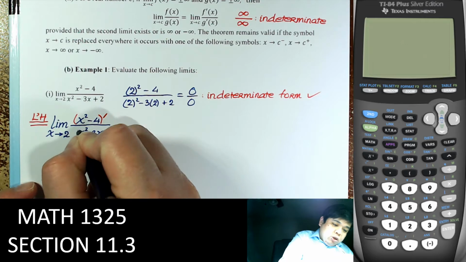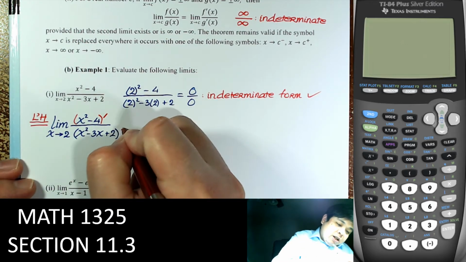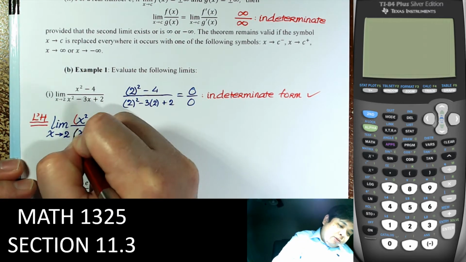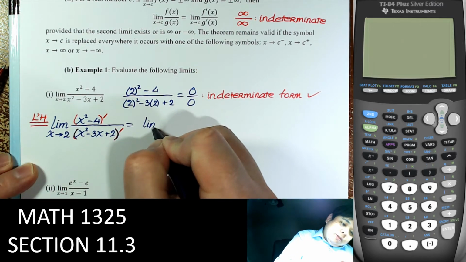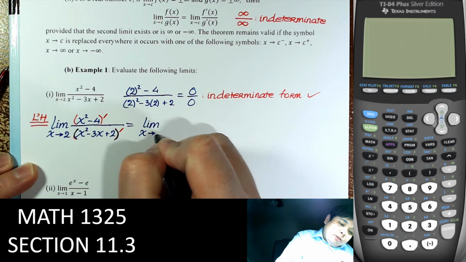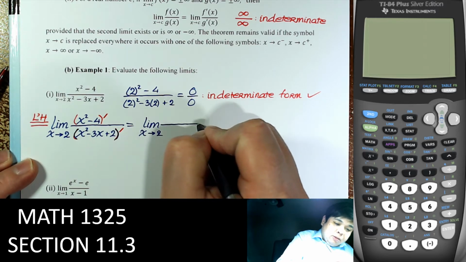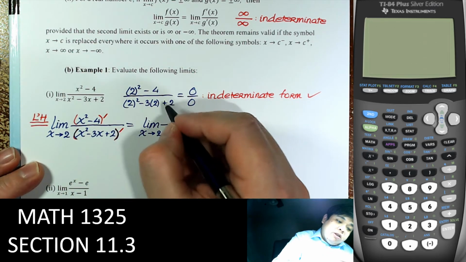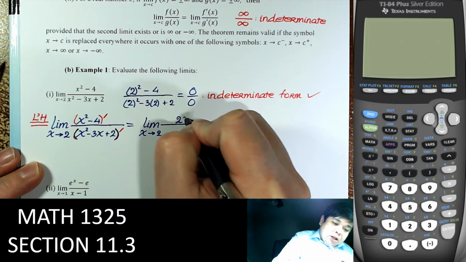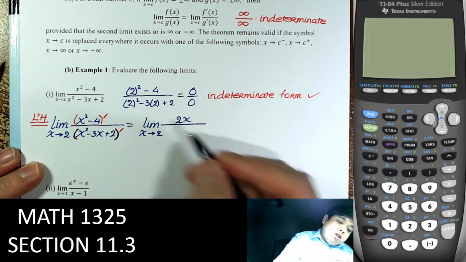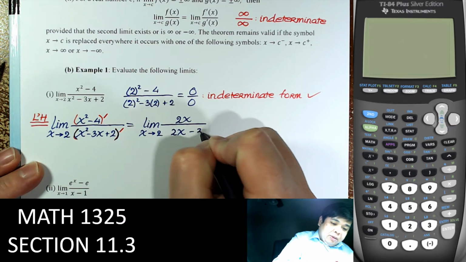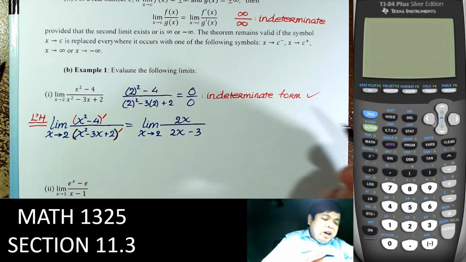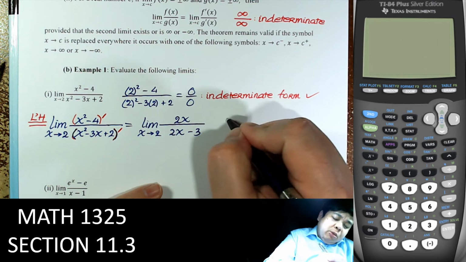Because once we are used to it, we can just skip this step. I'll take derivative of the bottom. Right. Derivative of x squared minus 4 is 2x. Derivative of x squared minus 3x plus 2 is 2x minus 3. Alright. Now put in the numbers. See what happened. You put 2 in for x.